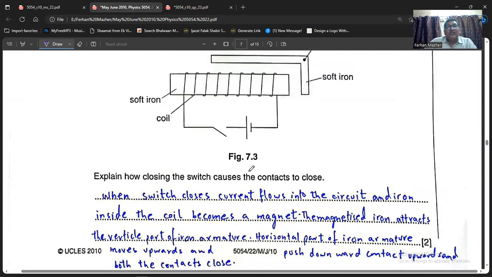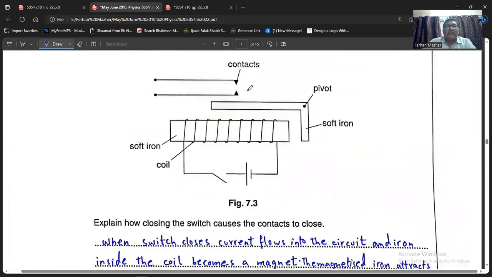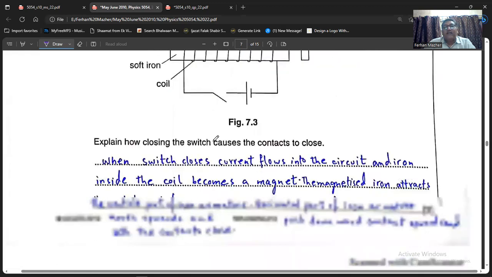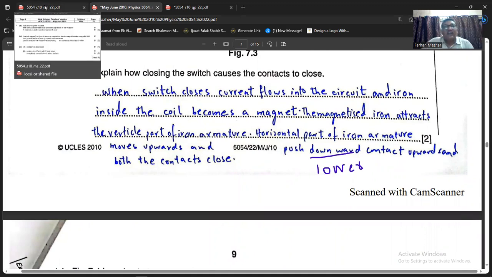Instead of using the word downward contact, use here the lower contact. The lower contact means this contact, this one. It pushes the lower contact upward, and both the contacts close. And obviously in that circuit, the current will start flowing.